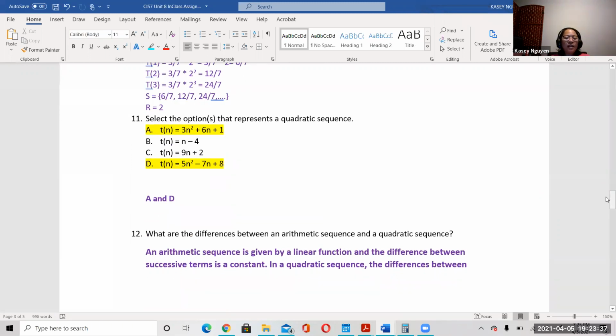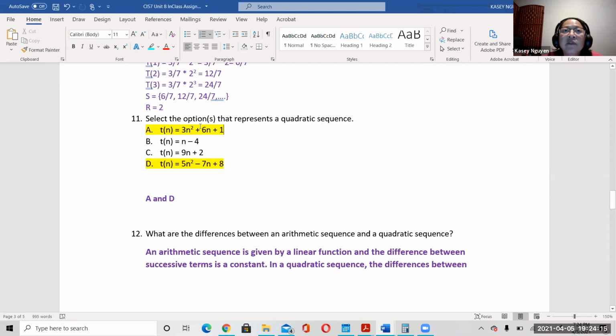So for number 11, it asks you to select the options that represent a quadratic sequence. So a quadratic sequence should look like the quadratic formula, right? And we mentioned that it should have something that would represent a times n squared plus b times n plus c. So this looked like that. So option A. And if you're not sure, you can plug it in, right?